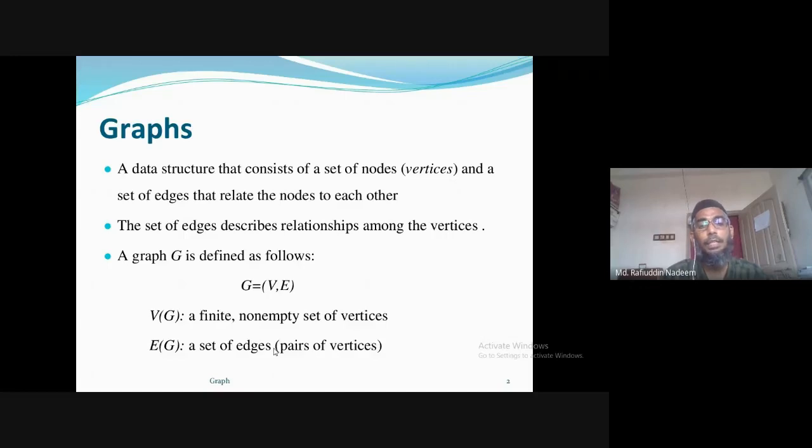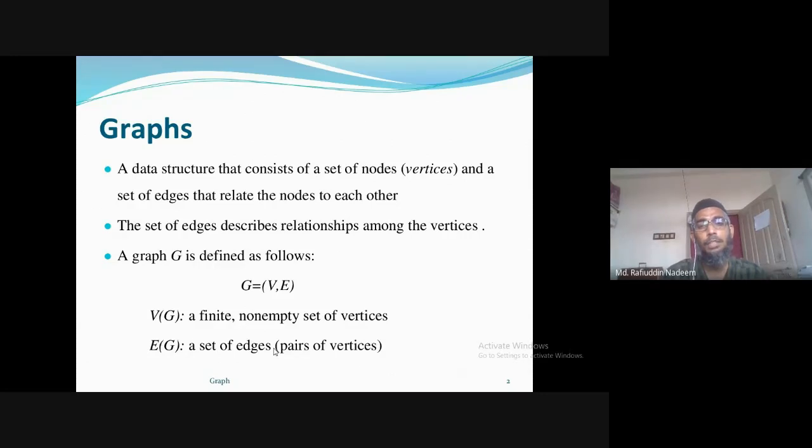But it is a nonlinear data structure which consists of nodes, vertices, and also the set of edges that relate them to each other. Means there is a relation between those nodes, and there will be an edge. The set of edges describes the relationship among the vertices.